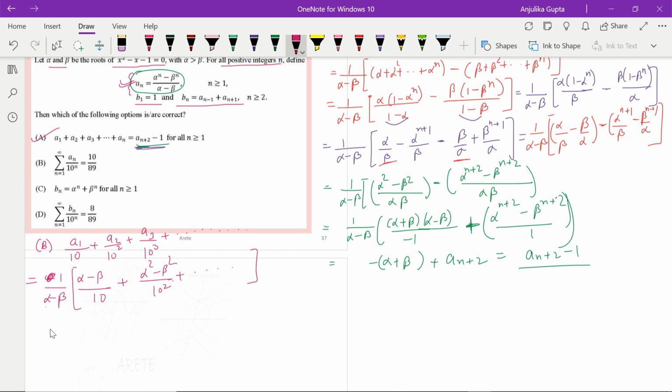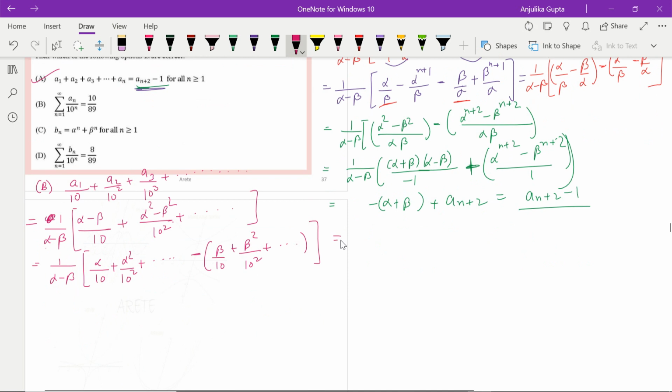You see what to do now? Quite obvious, right? Again, you're getting a GP. Infinite GP: alpha upon 10 plus alpha square upon 10 square dot dot dot. What is the other GP? Beta upon 10, beta square upon 10 square plus dot dot dot. Now again quite simple.